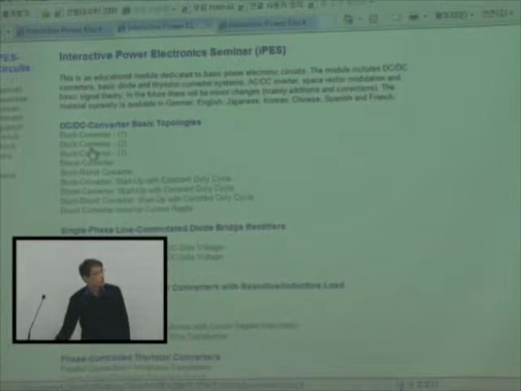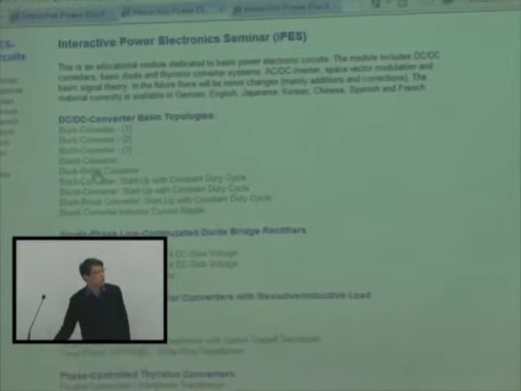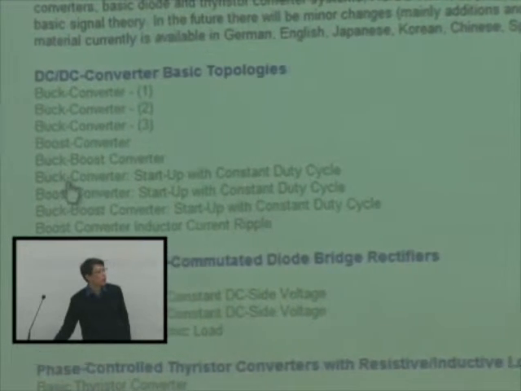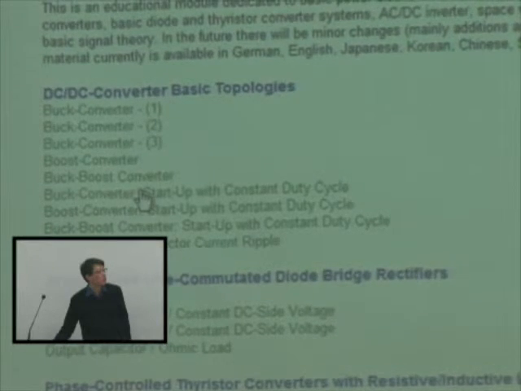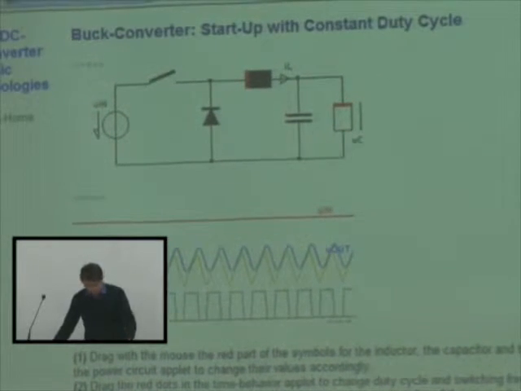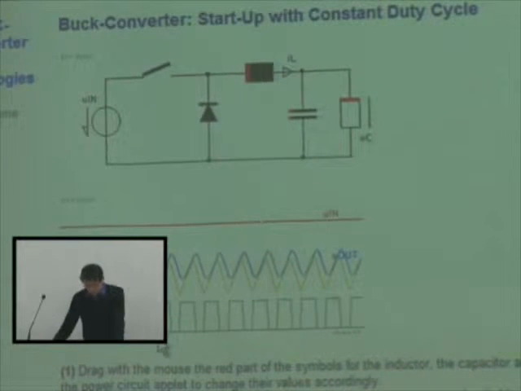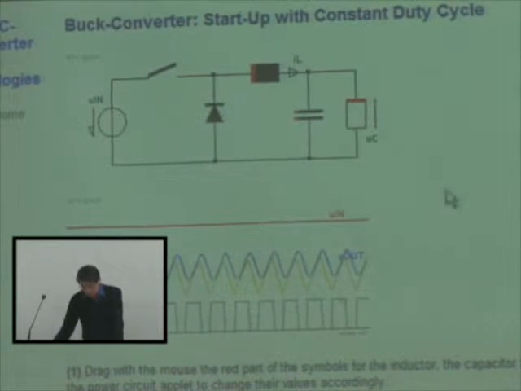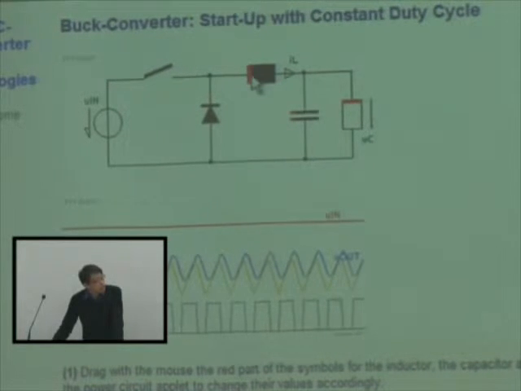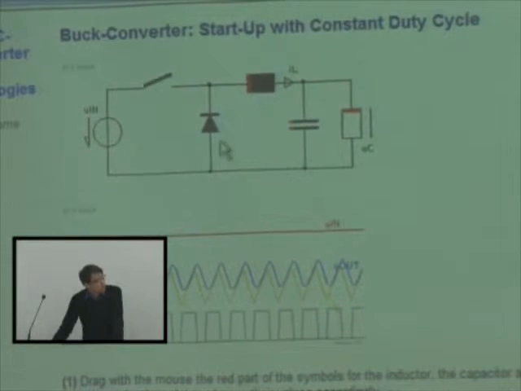Now let's try the other. This is like a toy, a buck converter. Here you have also the same circuit, buck converter: switch, diode, voltage source, inductor, capacitor, load.